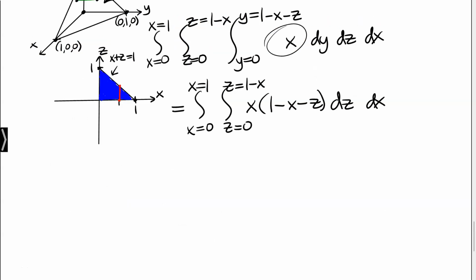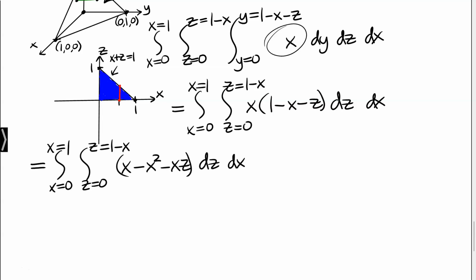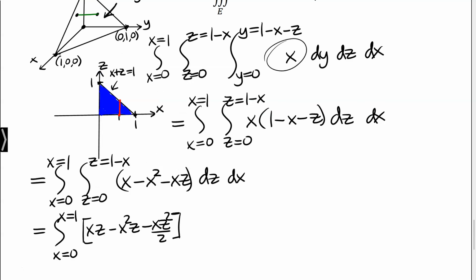Now we're integrating with respect to z. So let's see, how do I want to do this? Let's write this as x minus x squared minus xz. And then let's integrate with respect to z. We have to evaluate this from 0 to 1 minus x. We're finally down to one variable, so I'm going to drop the x equals. So this is the integral from 0 to 1.